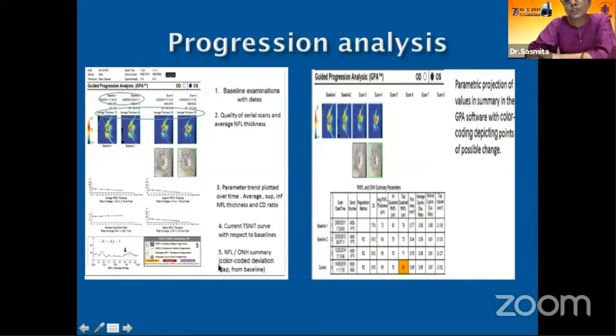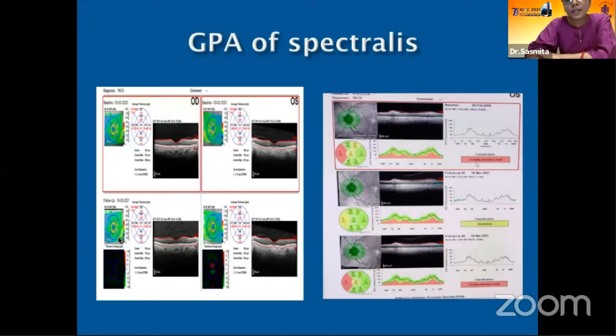The progression analysis in Cirrus HD-OCT is capable of giving both trend analysis and event analysis. Whereas in GPA or Spectralis, it gives only event analysis, and you need only one baseline scan, which is compared pointwise with all the follow-up scans.